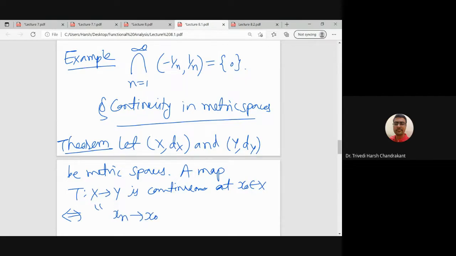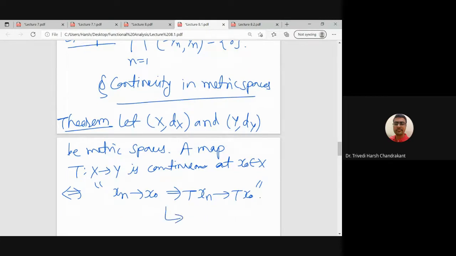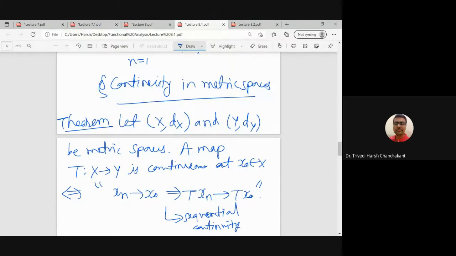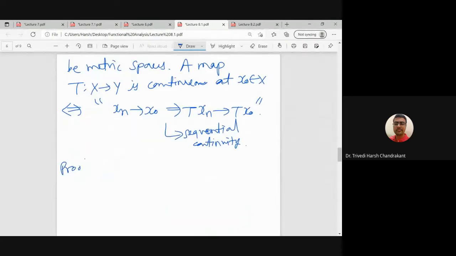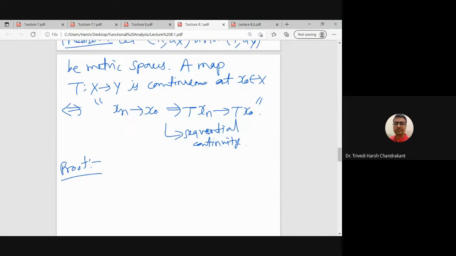Sequential continuity means whenever xn is a sequence which approaches x0, T of xn will approach T of x0. This condition is known as sequential continuity. It is useful in calculus and real analysis, and also in the study of metric spaces. So let us prove this. The proof is very easy. Suppose we assume that T is continuous at x0.